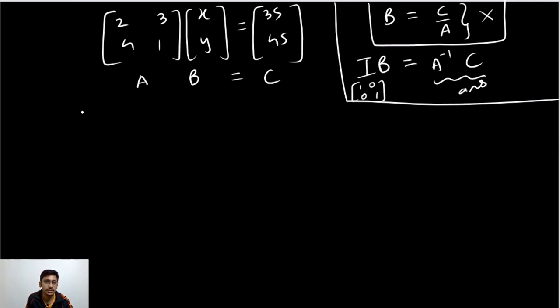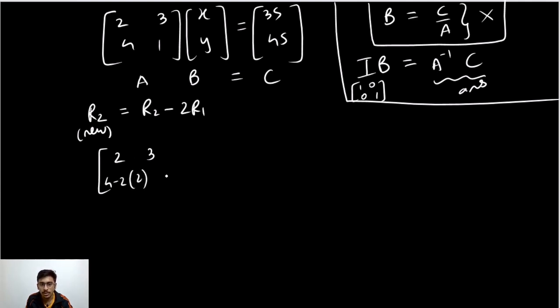So I'll write the equation as new R2 becomes old R2 minus 2 times R1. If we do this, what would happen? We are not changing the first row, so 2 and 3 will be the same, but the second row is changed as 4 minus 2 times 2 and 1 minus 2 times 3.